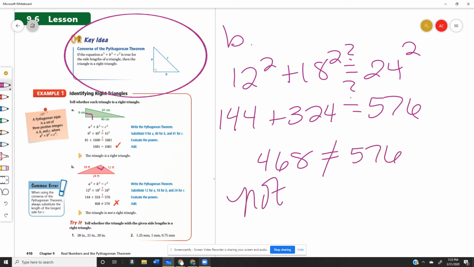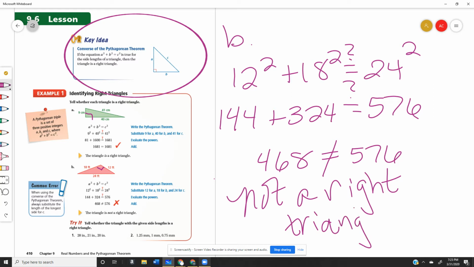So this is not a right triangle. Because they are not equal, because a squared plus b squared does not equal c squared, this is not a right triangle. And if you look at it, you can kind of see that. It doesn't look like that one is a perfect right angle.